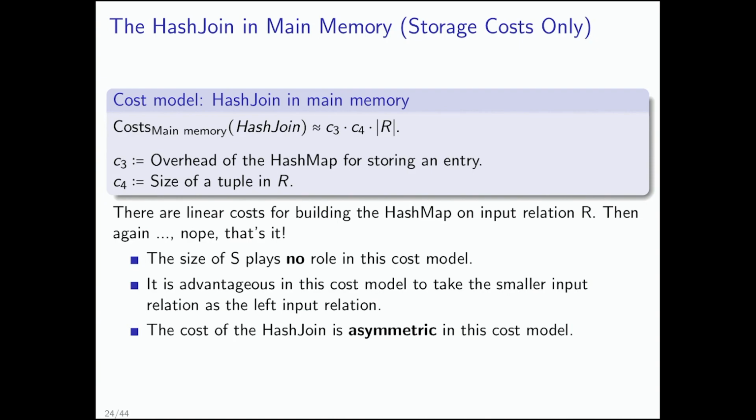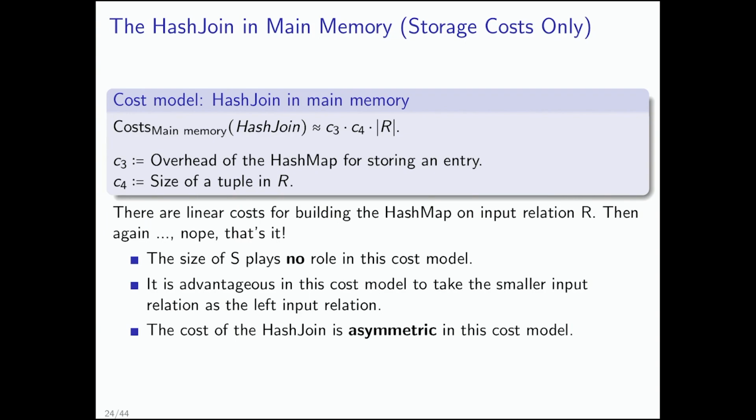That also means that if you only have limited amounts of main memory available, and you have one relation that fits in your main memory and the other does not, build your hash map on the relation that fits, and probe the other relation against it. Then you have a join operator that can join tables where one of the tables doesn't fit into main memory, for instance. So it's very important to choose that wisely, and the typical choice is to use the smaller input relation on the left to build the hash map on.